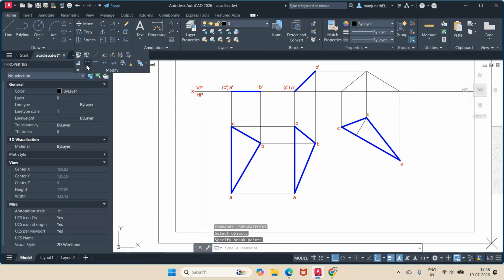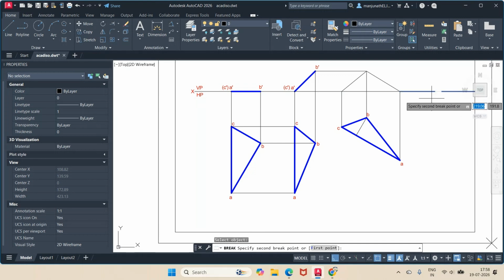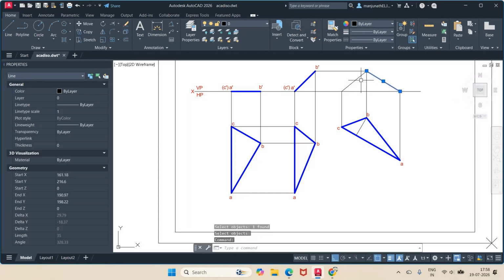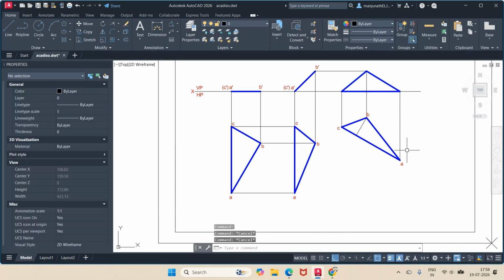Now you go for modify, break at any point, you select this and you break this. Then you go to erase, erase this. Now I want to change this layer now. You just select between these three, go to layer, make that as visible line. Now I want to name them now.